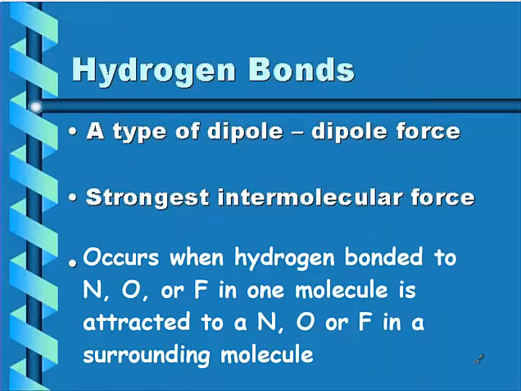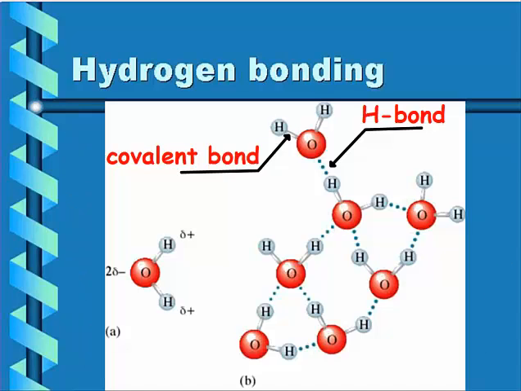A hydrogen bond occurs when hydrogen is bonded to either nitrogen, oxygen, or fluorine in one molecule, and it's attracted to a nitrogen, oxygen, or fluorine in a surrounding molecule. So just like before, it's got to be between two molecules. Here we have water, and you can see the hydrogen bond between oxygen and a neighboring hydrogen atom.